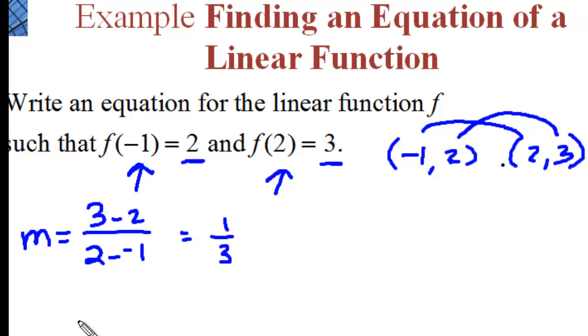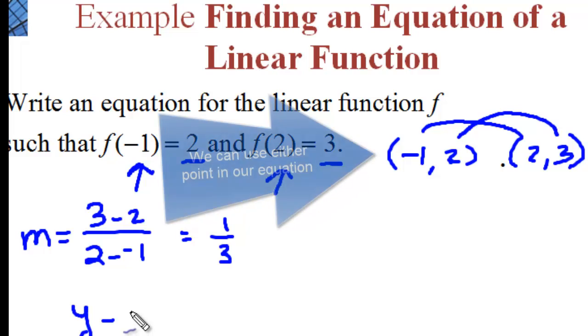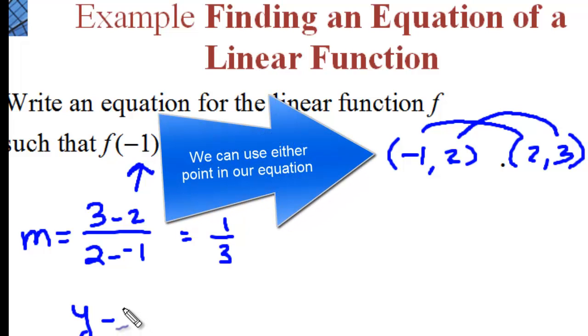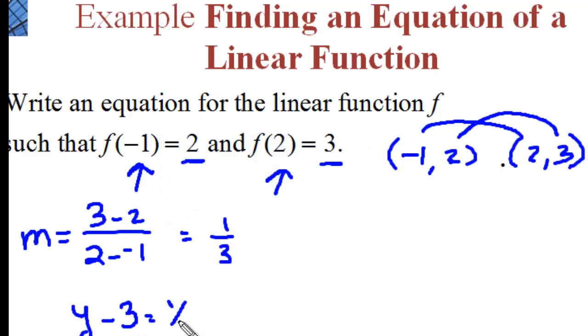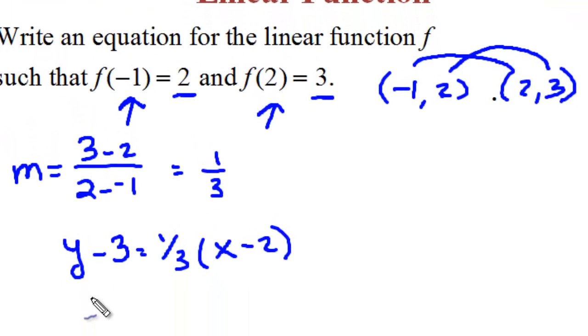And then we'll put it into the point-slope equation. At this point we can use either point, and I'll use the second one just because it doesn't have a negative. y minus 3 equals 1/3 times (x minus 2). Depending on how the question is stated, you can leave it in that form, or you may be asked to multiply it out.